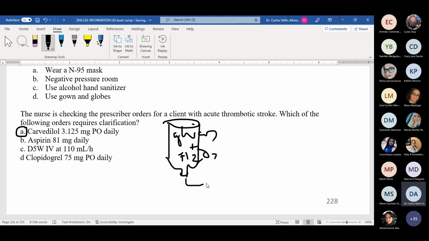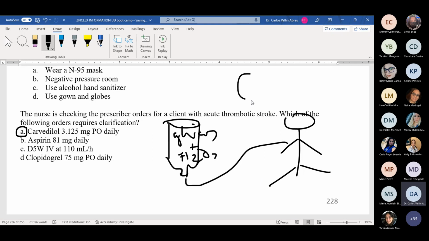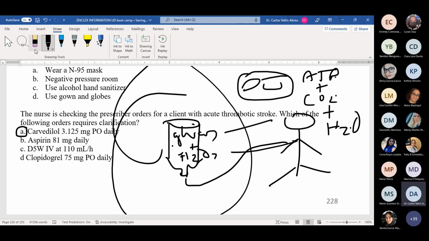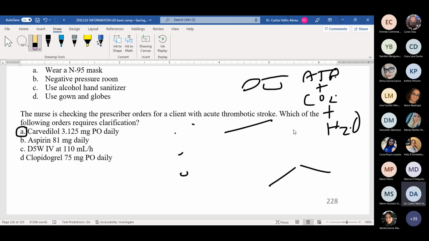But in the moment that it enters the body, what is going to happen with the glucose? Glucose is taken up by the cells and burned in the mitochondria to produce ATP plus CO2 and water. So the glucose of this solution would be transformed into ATP, CO2, and water. And the water is water. So it's receiving water with water. It's the most hypotonic of all the IV fluids.